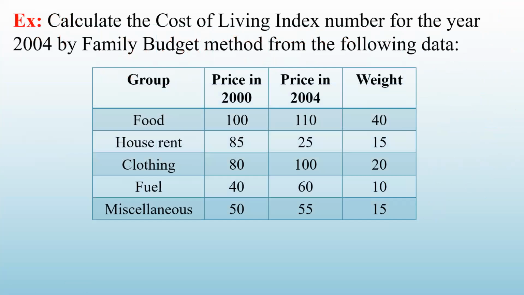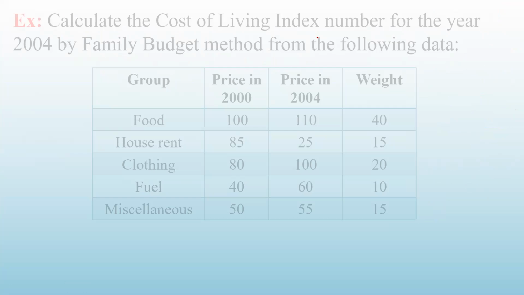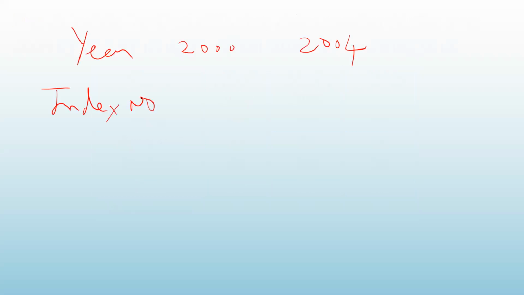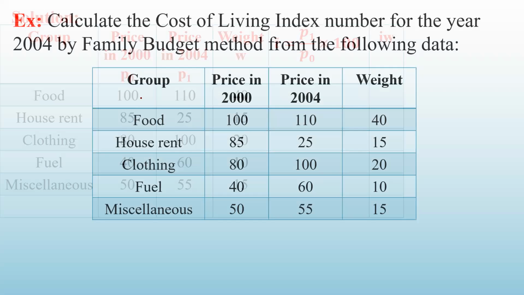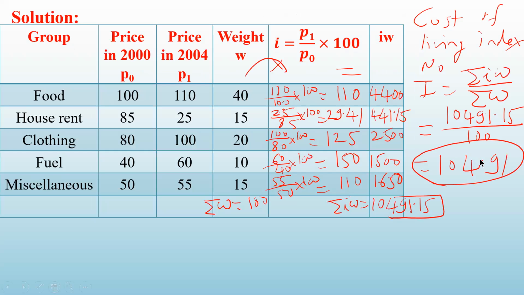Write it down here. Say we had 2 years, right? Year 2000 and 2004. And the cost of living index number that we got for the year 2004 is 104.91.